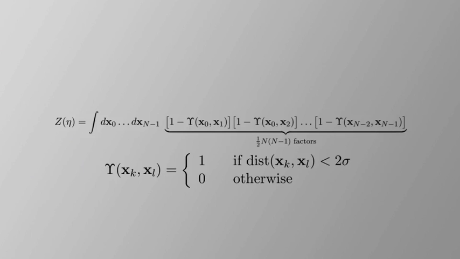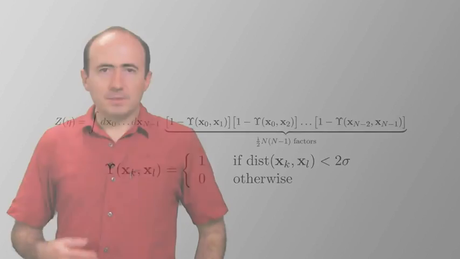It is important to note that if one of these brackets is equal to 0, then the contribution of the configuration vanishes in the integral. This expression of the partition function is exact, but no one has been able to compute it analytically.